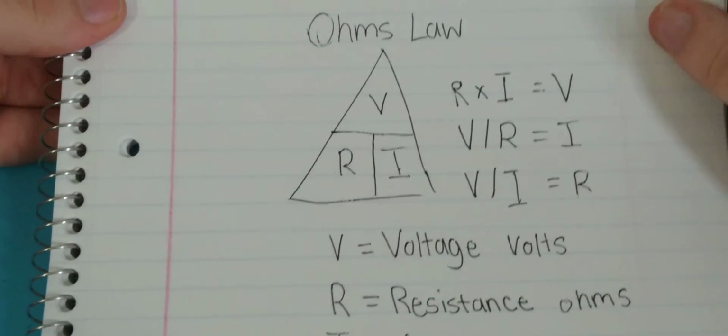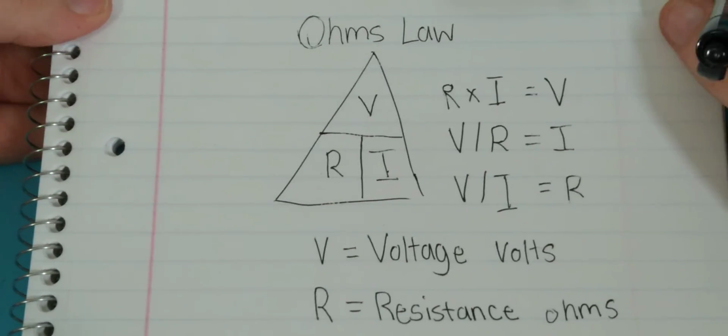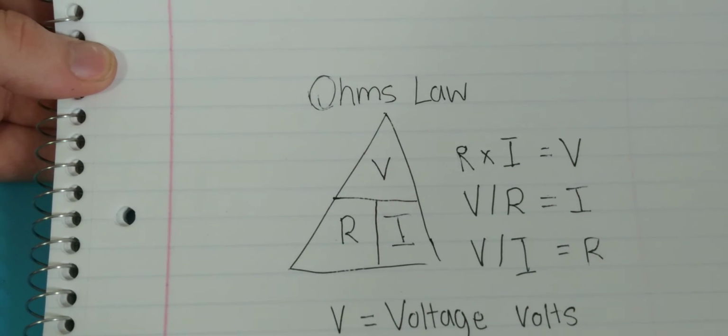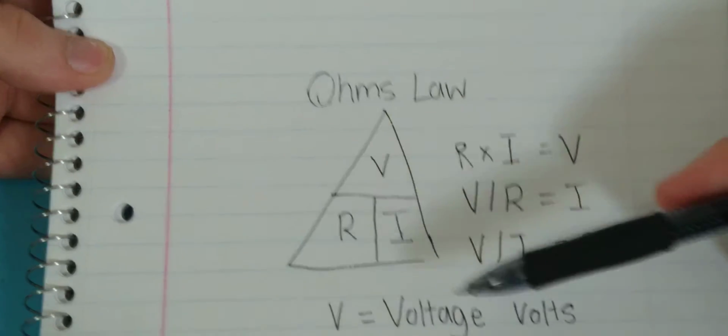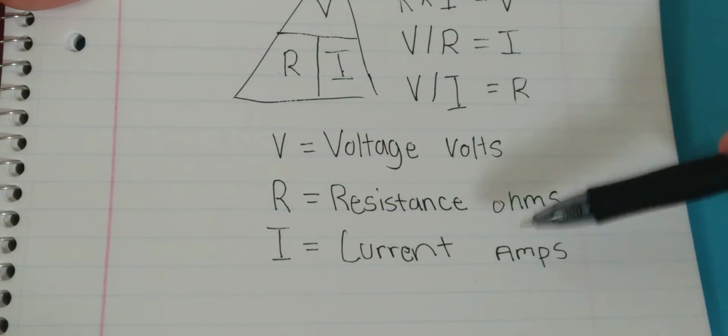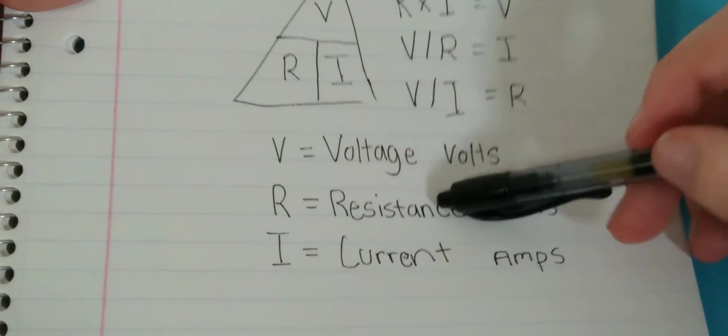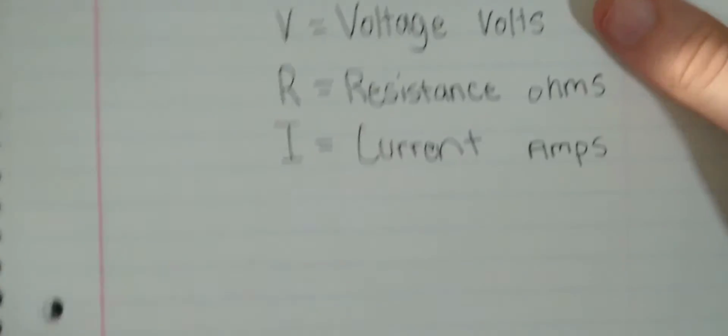So say you actually had an electronic circuit that you need to measure these in. You would only need to know two of the things down here to figure out the resistance, the current, or the voltage.